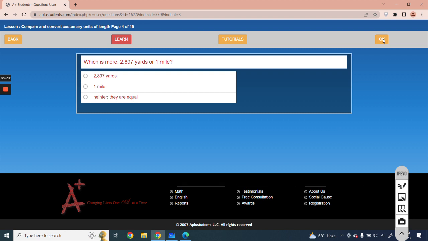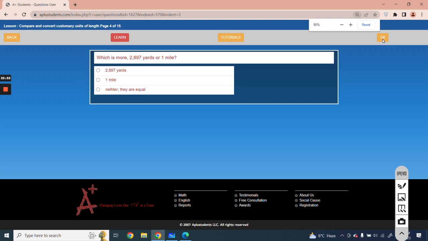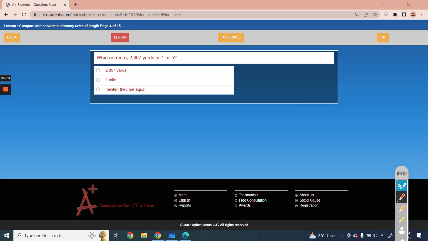Which is more, 2,897 yards or 1 mile? Which is more? In 1 mile, how many yards do we have? 1760 yards, got it?